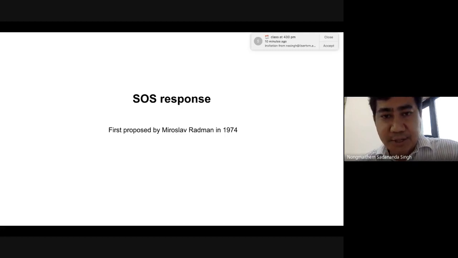How the SOS response came about is through some observations seen by other researchers as well as Miroslav Radman himself. Two key observations led to the proposal of the SOS repair system.